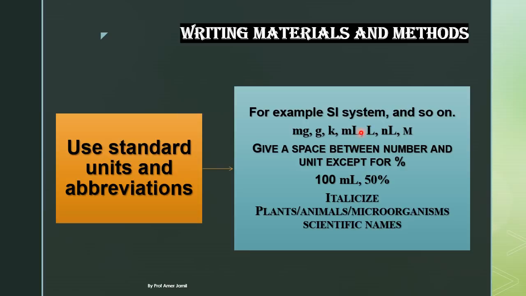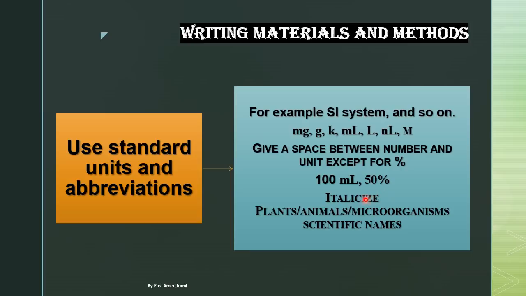Similarly, L is capital for liter, whether it is milliliter, liter, nanoliter, and so on. And similarly, this molar is small cap. It is neither small nor capital. It is small cap. Similarly, you always give a space between number and unit except for percent. Like here, there is one space, but in percent there is no space.